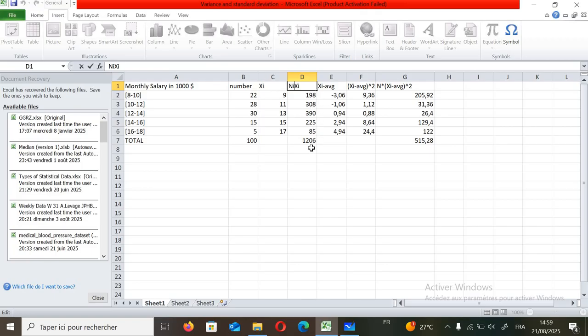And then we look for the sum of it, which is sigma of ni xi. If we want the average, we divide by the total number, which is 100.